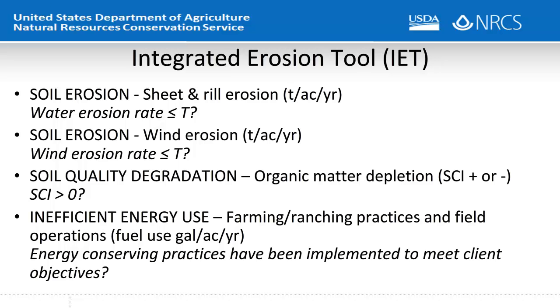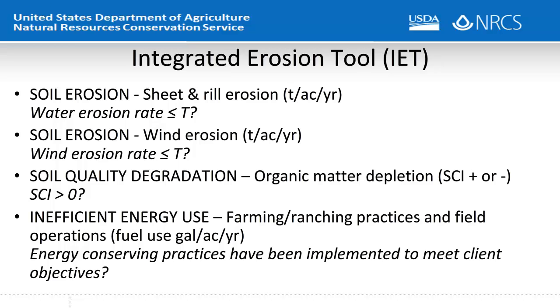We will also assess the soil quality degradation, organic matter depletion concern, assessed by a positive or negative soil condition index number between -1 and +1. And we will answer the assessment question, is the SCI greater than 0?